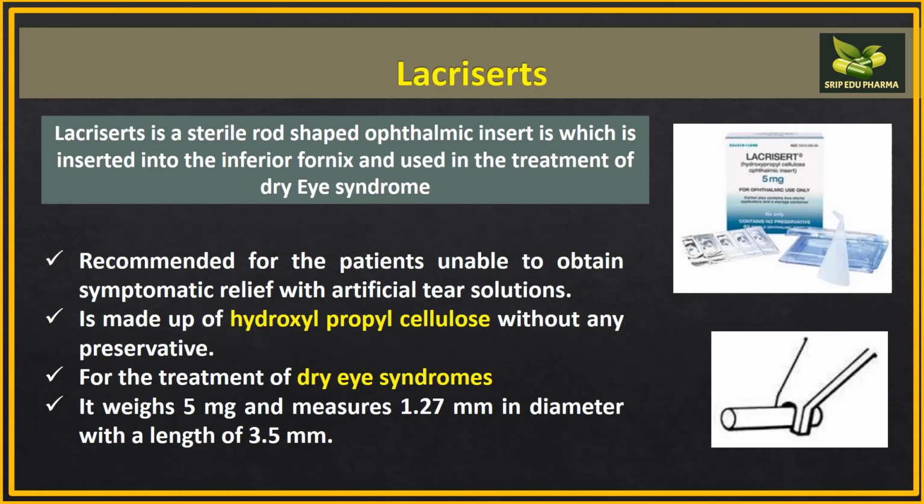They are made up of hydroxypropyl cellulose without any preservative. We have already seen that they are used for the treatment of dry eye syndromes. And about structure, it weighs 5 mg and measures 1.27 millimeter in diameter with a length of 3.5 millimeter.